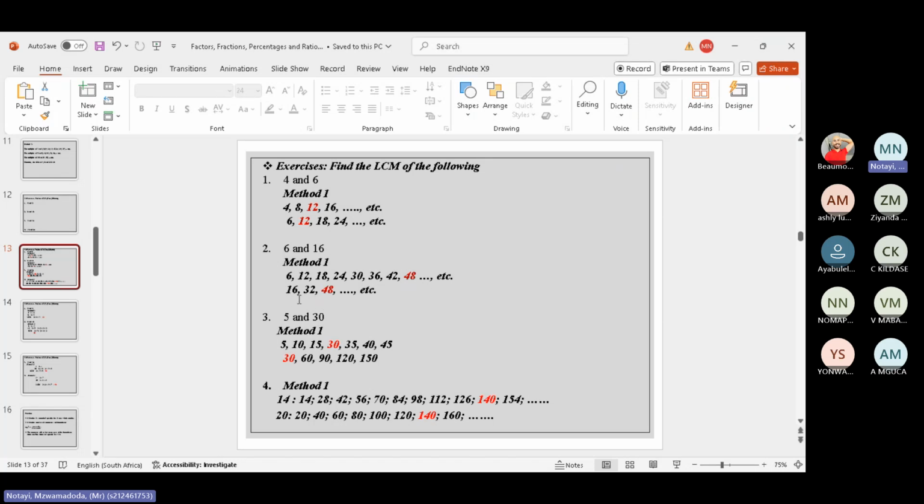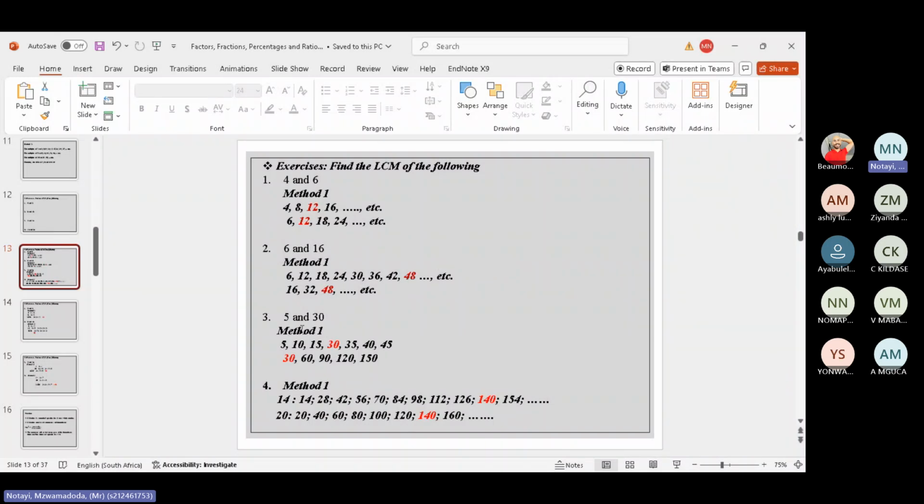Then 16 times 1, 16, 16 times 2, 32, 16 times 3, 48, and so on. So looking on the list, you will see that the lowest common one of them all will be 48. So the LCM of 6 and 16 is 48.